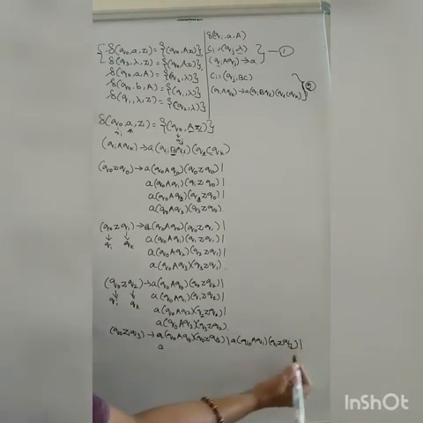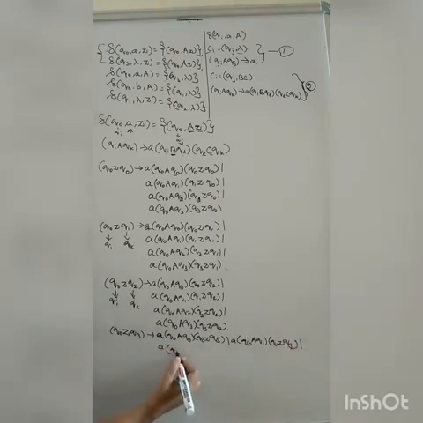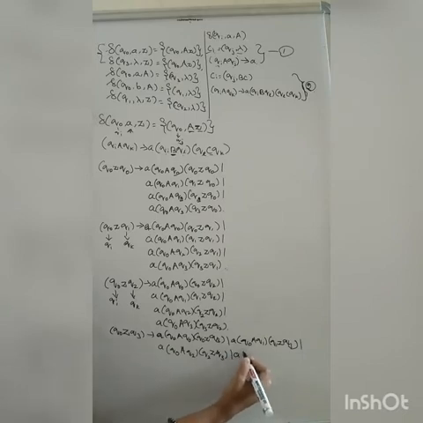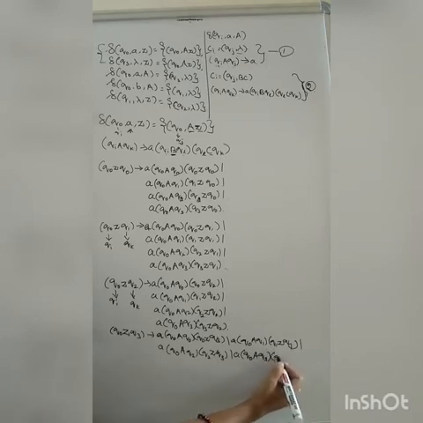Here we can write q0 a q2, then q2 z q3. In the same way we can write q0 a q3, then q3 z q3. That's all.